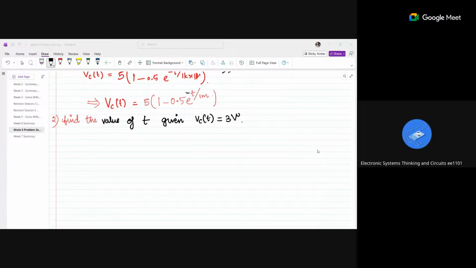Yes. Simplify, use calculator. Okay, ma'am. I mean the calculator in the portal.